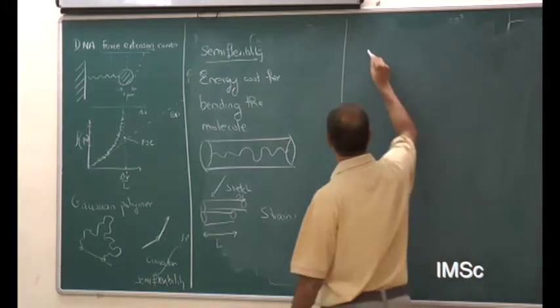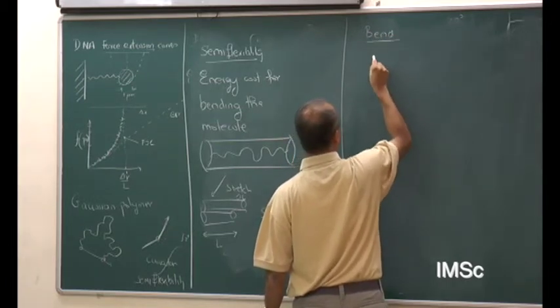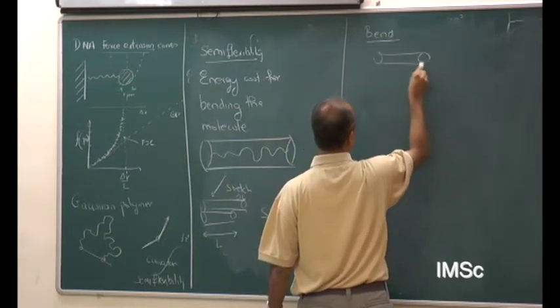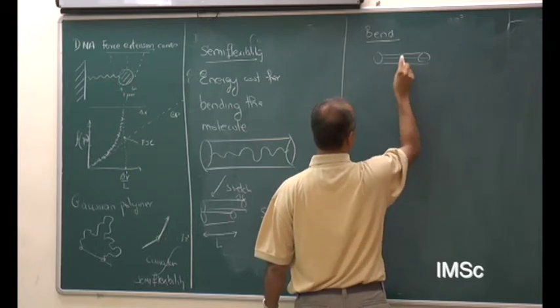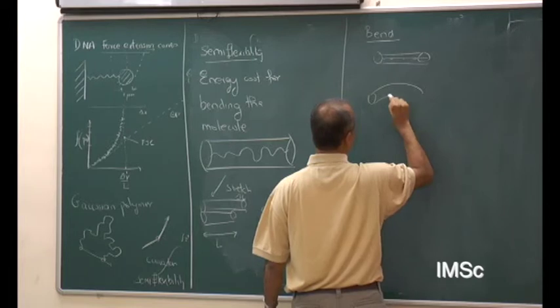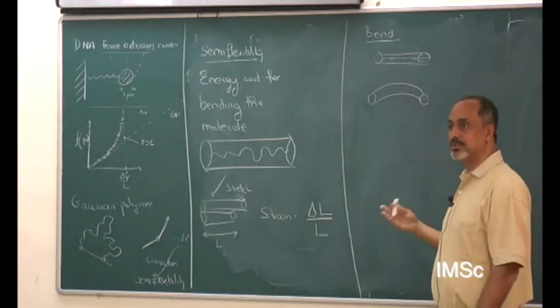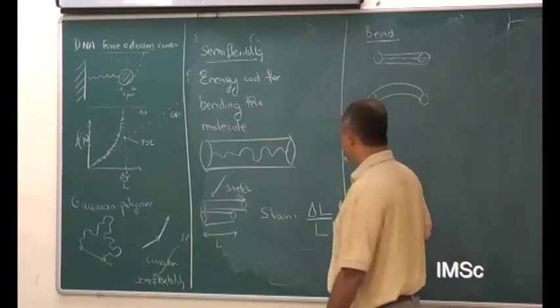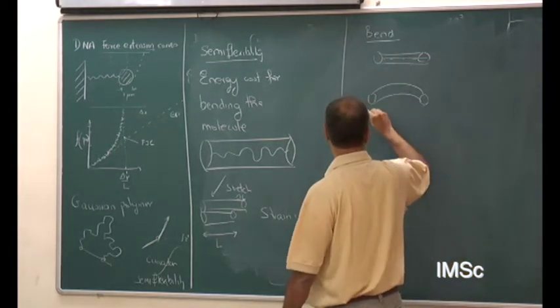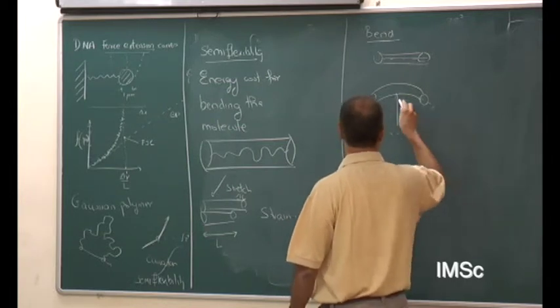The second thing that you can do is to bend it. You can take something that was initially straight and stiff like that, with some central line drawn like this, and convert it to something that looks like this. And this deformation also costs energy of some form. That energy is proportional to, let us say, this distance r.